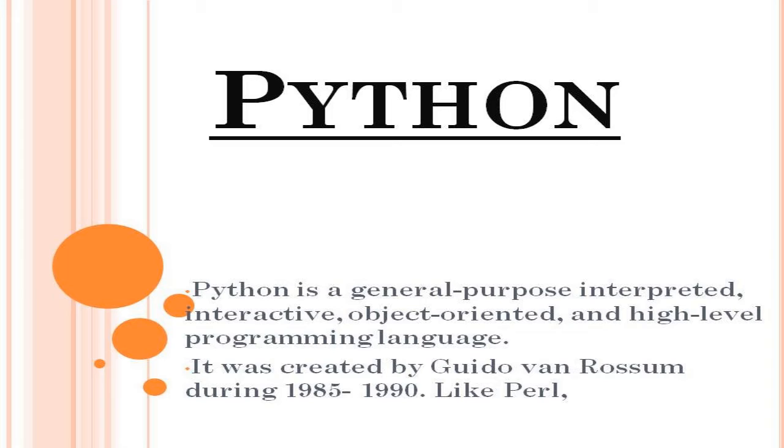So Python is almost kind of similar to all these languages. You can say that it's a general purpose language that basically is oriented on objects, and it's a high level programming language. It was created by Guido.